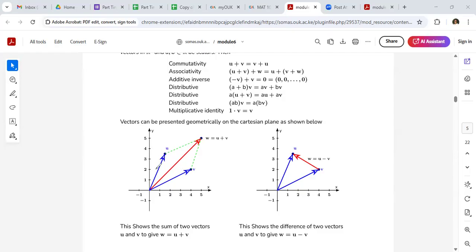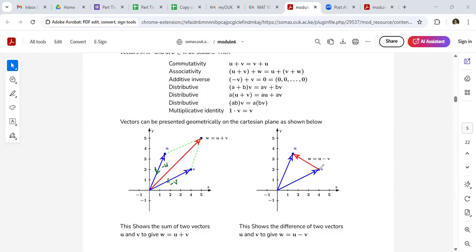If I move from the terminal point to the initial point, then the resulting vector here would be negative v. And it is directional, so you have to be careful when you're considering vectors. For example, look at this vector, the vector u minus v, the resulting vector in red.